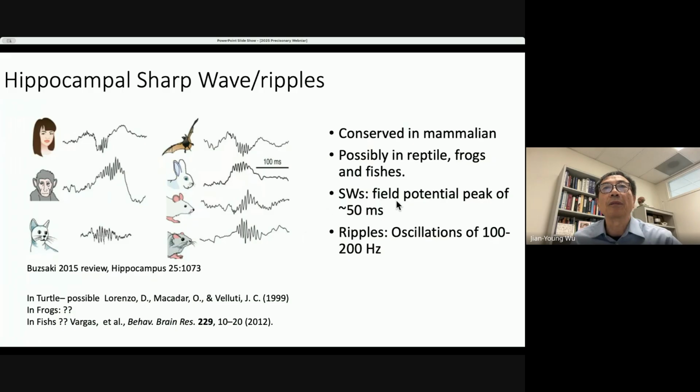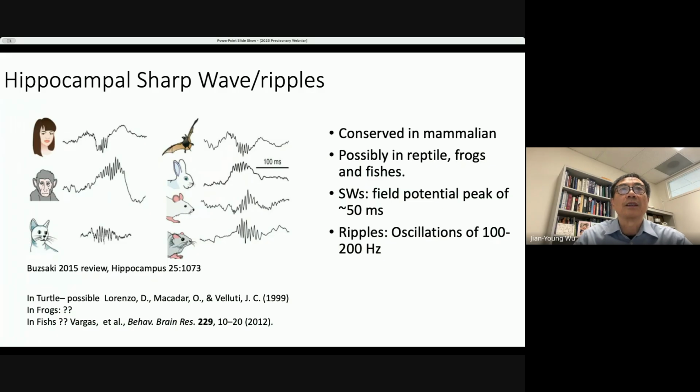Actually, a sharp wave means a field potential peak, a voltage peak, with a duration of about 50 milliseconds. And the amplitude is pretty high. According to some people, the largest amplitude activity is the epileptic spike. The second largest is the sharp wave. About 5% of all neurons are active in a short period of about 50 milliseconds.